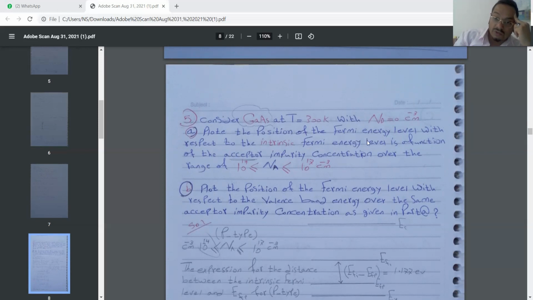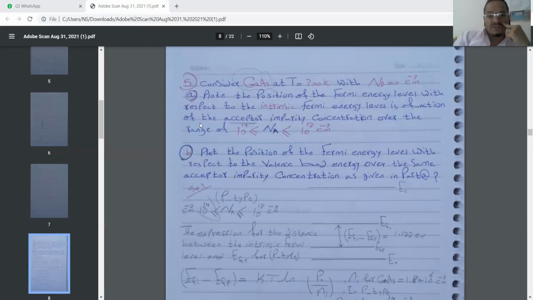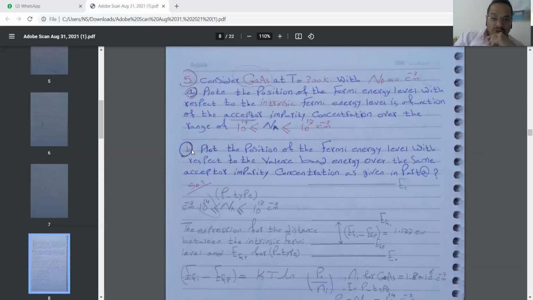The Fermi energy level in p-type will be EFP. The Fermi energy level in n-type will be EFN, near the conduction band and far away from the valence band. After completing the solution of A, we will talk about branch B, okay?